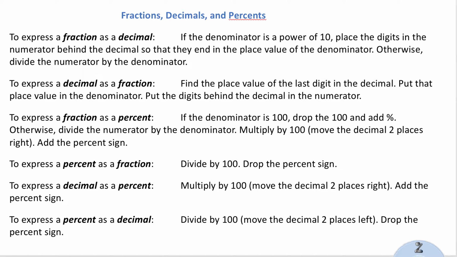So now we're going to talk about how to change between fractions, decimals, and percents. It's just different versions of the same number.